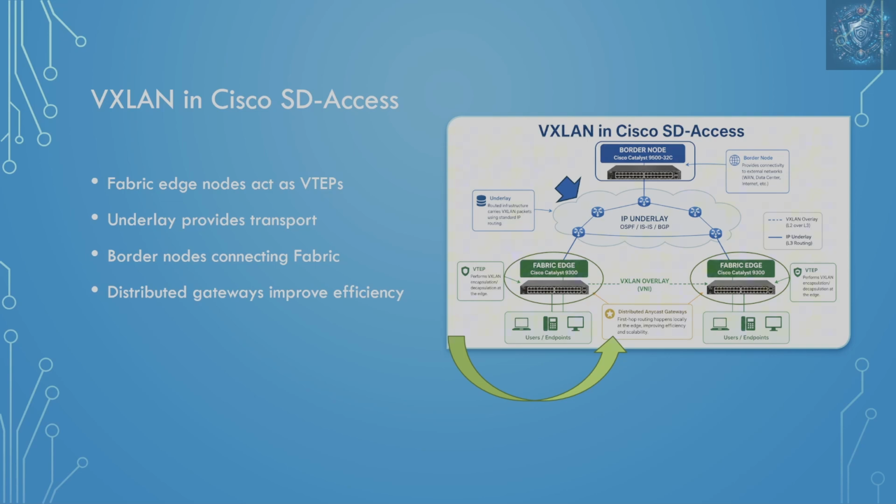And that's the beauty of anycast gateways, is that we get improved efficiency and scalability and more efficient routing at the edge. And we'll talk about anycast gateways more in a later video.